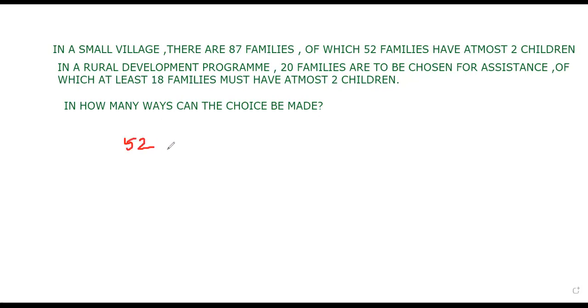So it actually goes like this: it is 52 C 18. What does it mean? 18 families must have at most 2 children, isn't it?